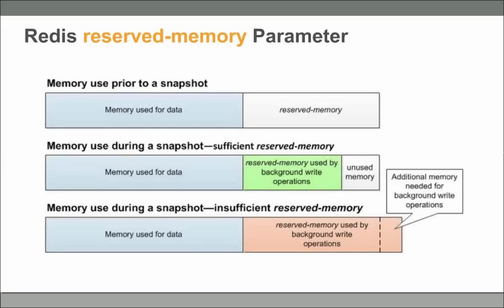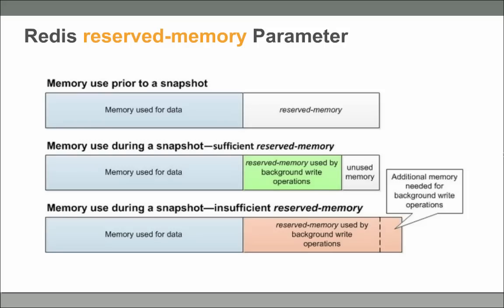In terms of how the Redis reserved memory parameter works, you set it up and you see there is memory that is reserved, and if there are more writes coming into Redis, they just get evicted. Then once you start doing that replication sync or snapshot, you see in your second line that it starts getting filled in that green.